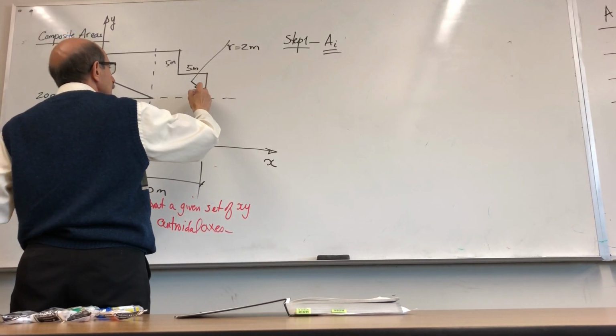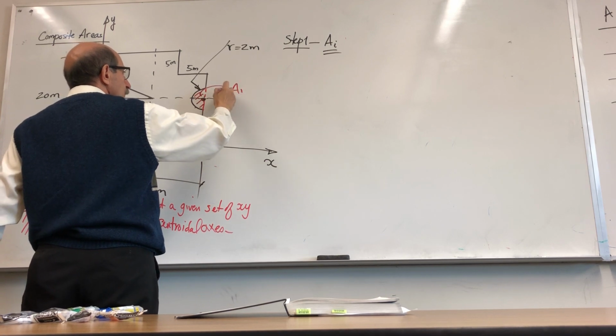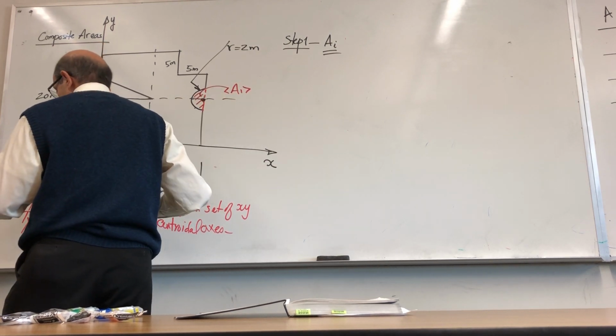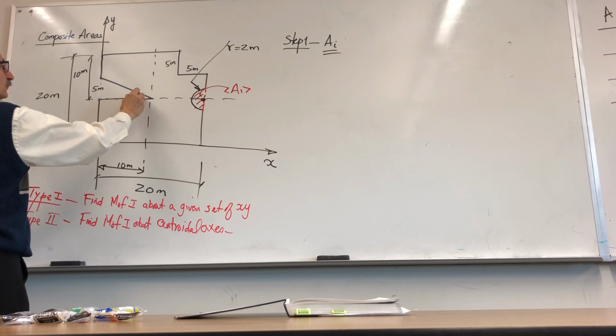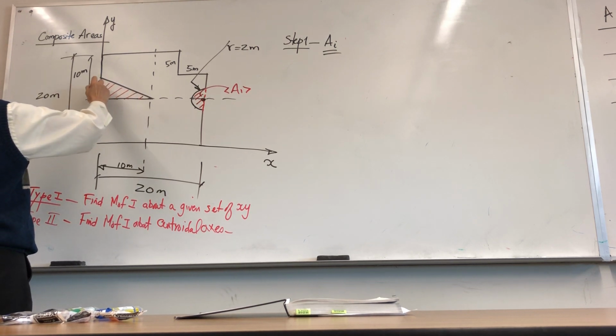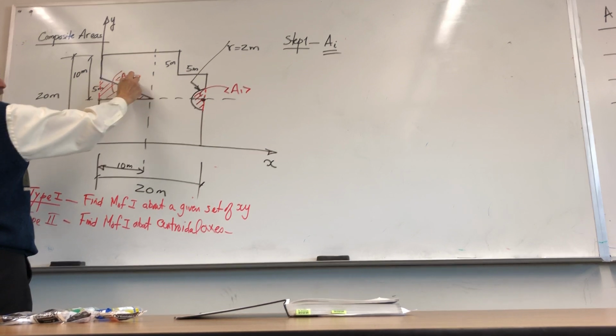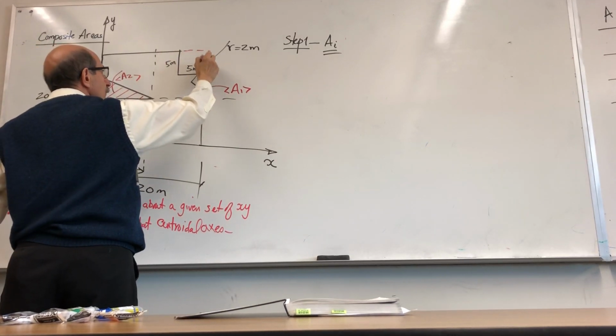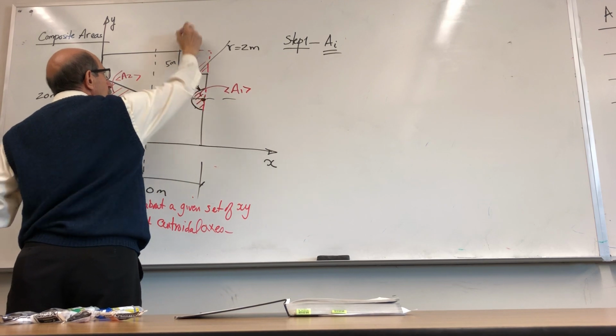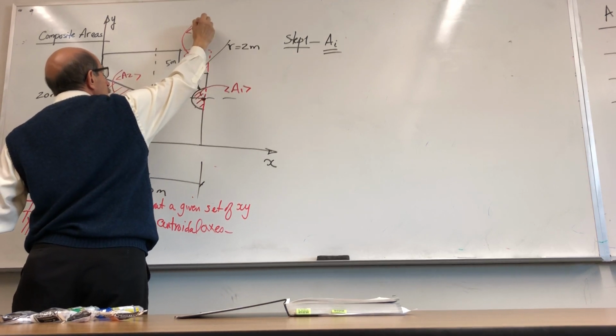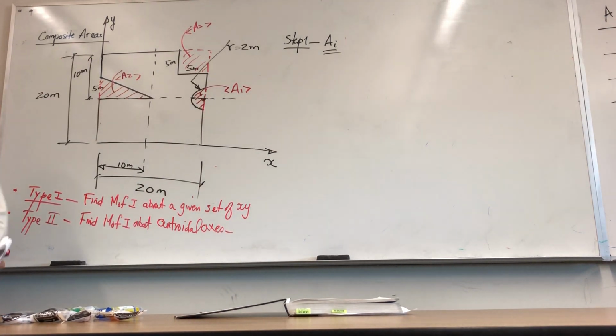I consider this as A1, which is obviously negative. I consider this as A2, also negative, and this is area 3 that is cut out, so that is negative, okay?